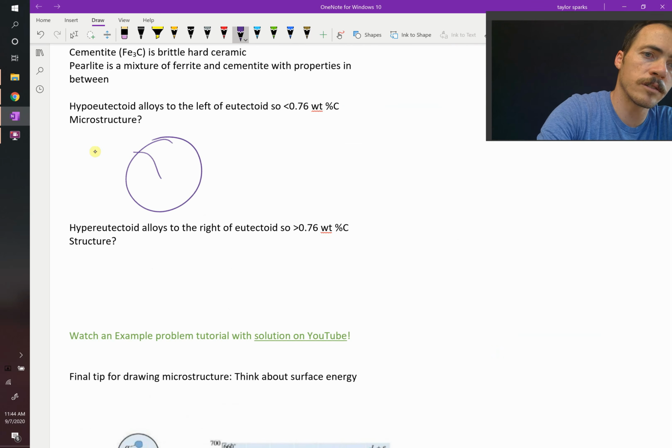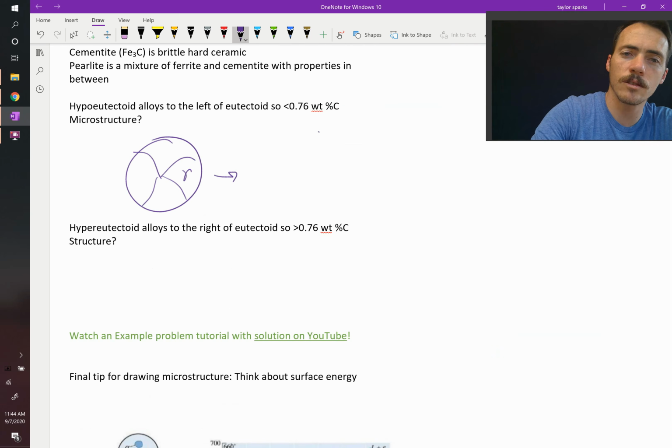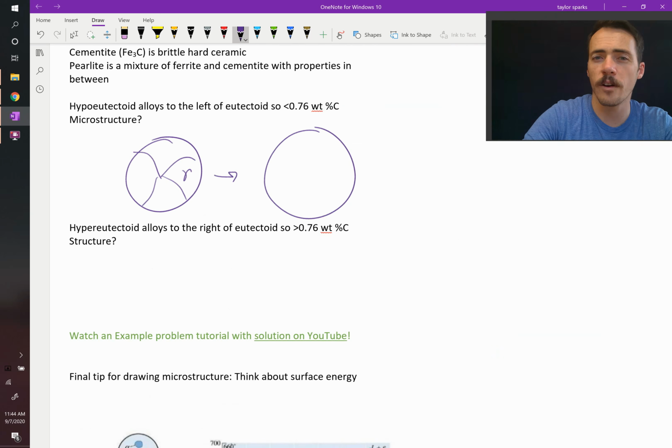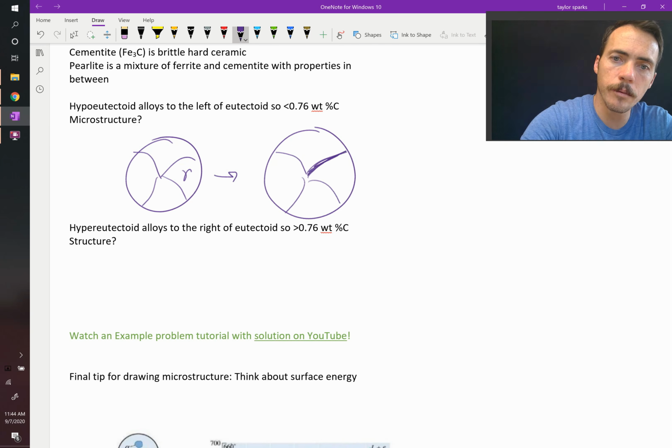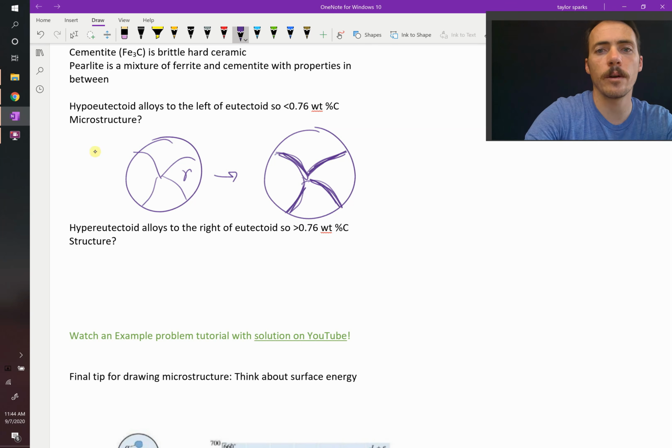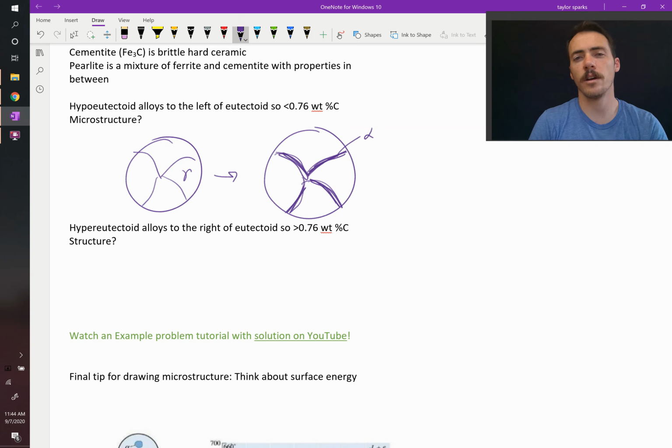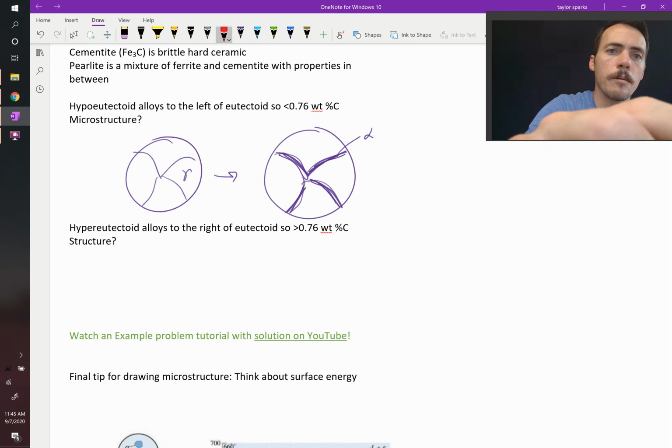So it starts out fully austenite, so everywhere is austenite, and then as it cools down, you're going to form ferrite. Now, where will the ferrite form? If possible, it's going to want to form along these grain boundaries. Why does it want to form along the grain boundaries? This is the ferrite that's forming initially. It wants to form along the grain boundaries because remember, the grain boundaries cost us energy.